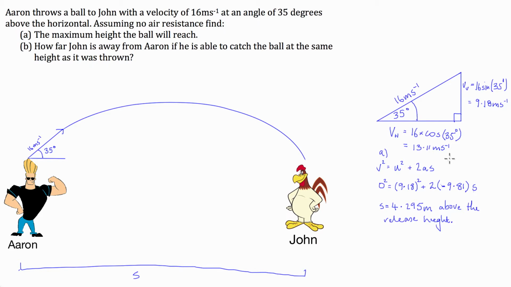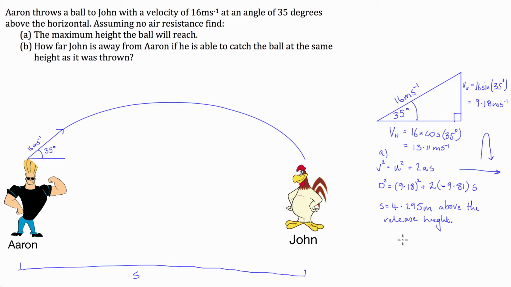So if we can find the time that the ball is in the air, i.e. the time that it takes to come up and then go back down again, we'll be able to multiply that time by the horizontal velocity to work out how far it actually goes in this direction.